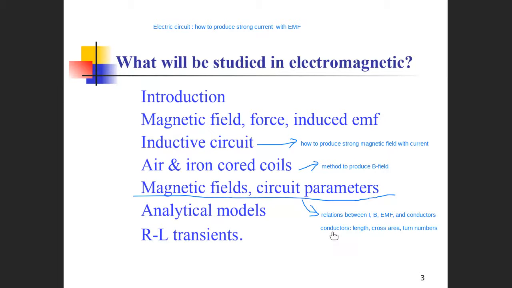So when we talk about conductors, we have the length of conductors, cross-section area, turn numbers, etc. So therefore, we have the models to analyze the parameters, to describe the relationship between them.